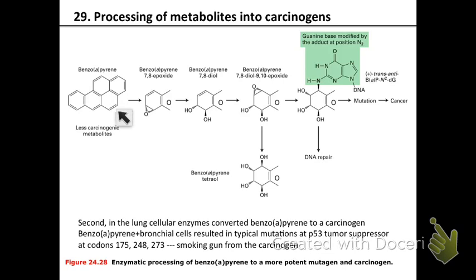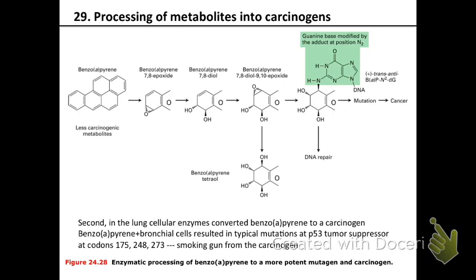It's called benzopyrene. And this benzopyrene can be converted to a much more mutagenic compound in the lung by our regular cellular enzymes. So the benzopyrene gets converted to a carcinogen, and that carcinogen becomes an adduct. So it's basically a chemical that attaches itself to guanine and causes this problem, right?